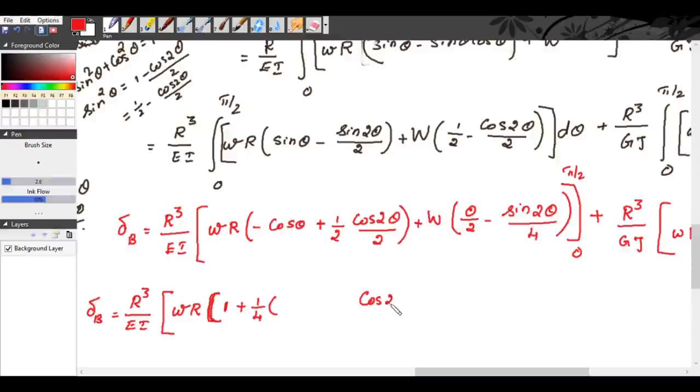So cos 2 into pi by 2 minus cos 0. Cos 0, the value is 1. Cos 180, the value is minus 1. So minus 1, it is minus 2.